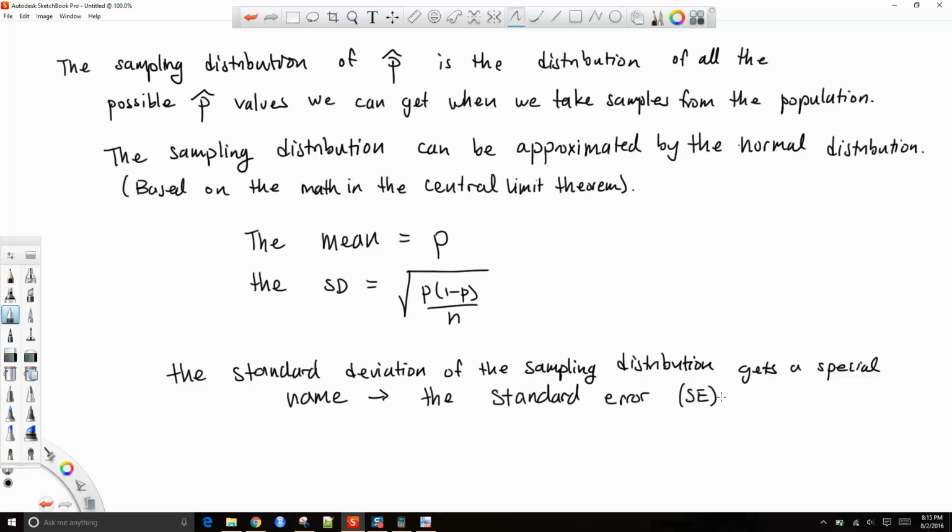So if someone talks about the standard error, that's just the standard deviation of the sampling distribution.